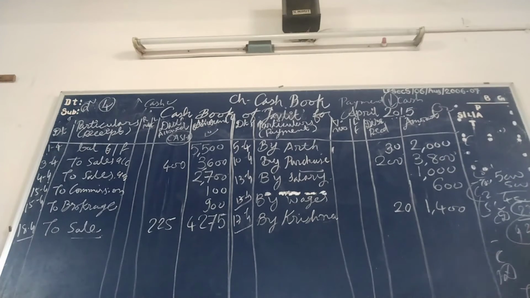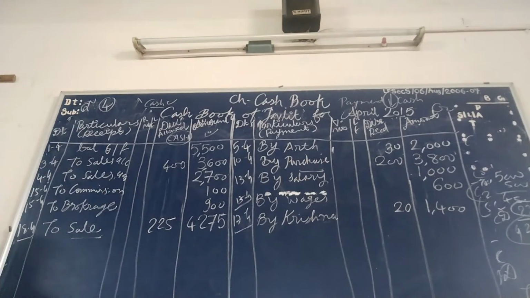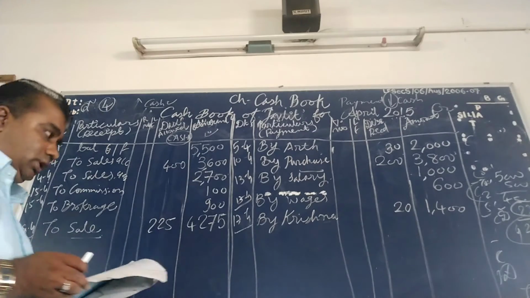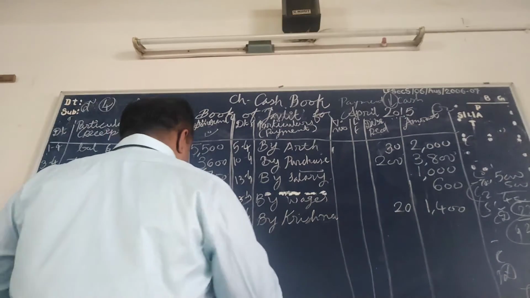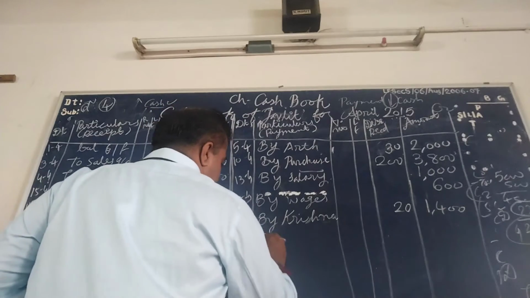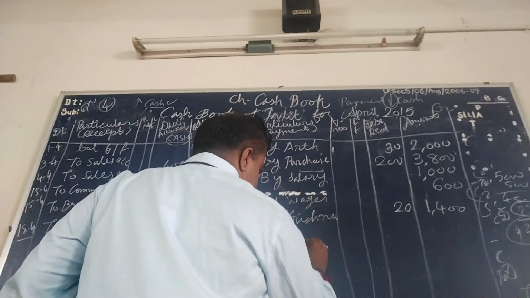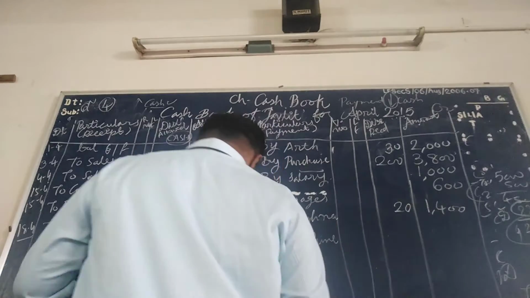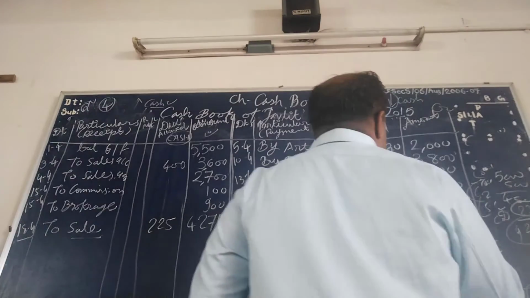So we are only connected with the 2000, not 6000. So we record only 2000, cash goes out in the form of machine. So we write here 19th of April by machine account 2000.